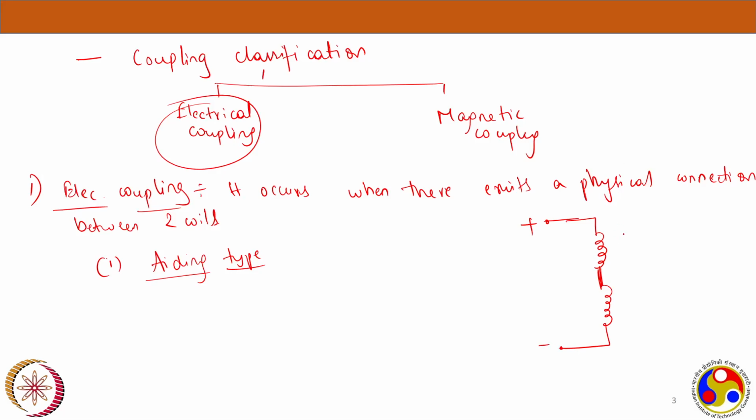So I'm giving a supply like this to the circuit. If there is a potential existing, plus and minus, current will flow like this. I am marking dots here and here. Let's say I already know the dots. Now, if you see, there exists a mutual coupling between these two.